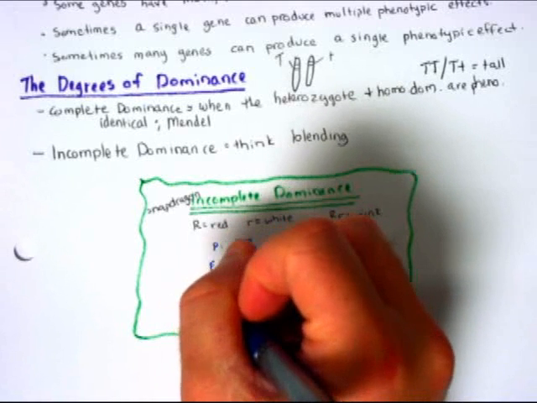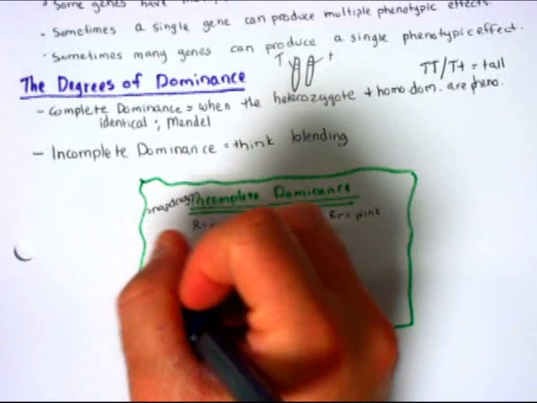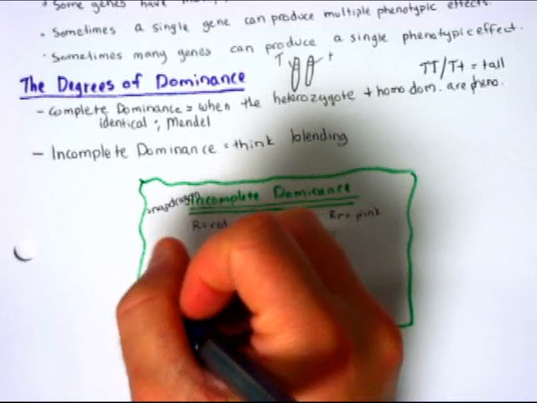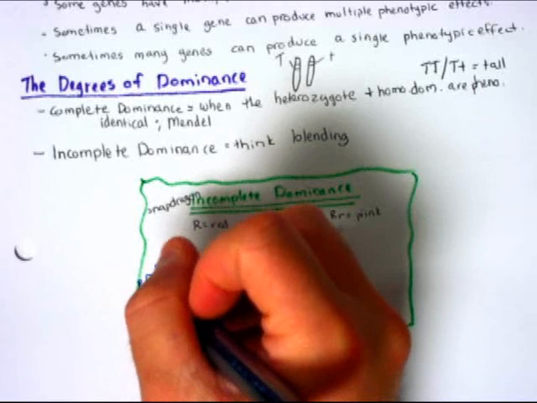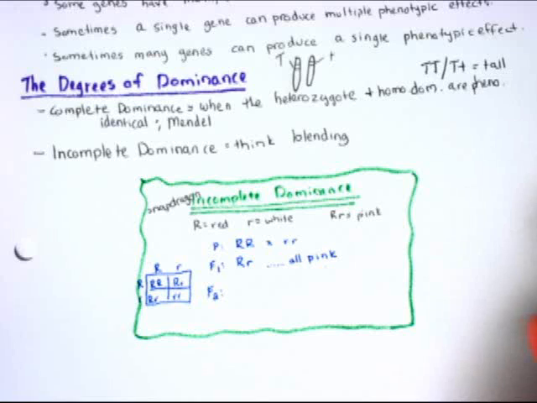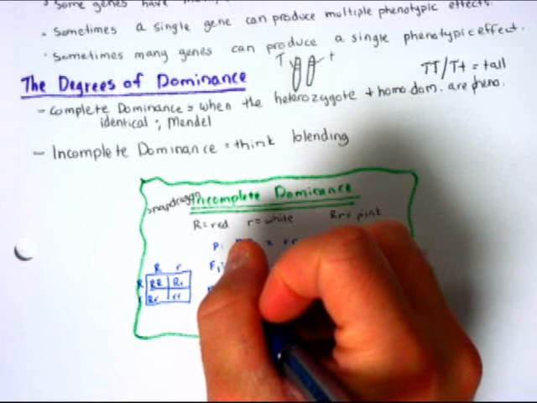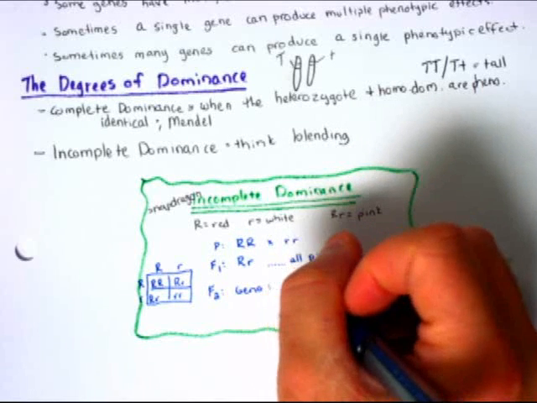The F2 generation: do you remember how Mendel was able to get his F2 generation? Self-pollination of the F1 heterozygotes. So if we do a little Punnett square off to the side with that generation, big R, little r, big R, little r, there's the production, right? And that comes out to be a genotypic ratio of 1:2:1.